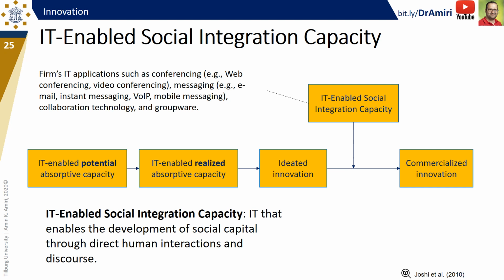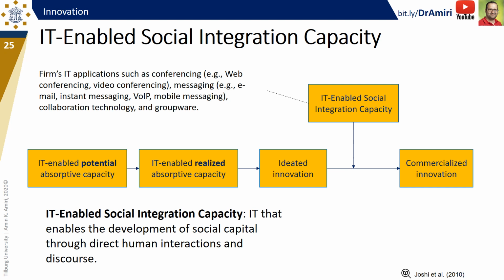However, the theory suggests that these new patents cannot be turned into market available ideas, services, or products unless the firm has a high IT enabled social integration capacity. What does that mean?